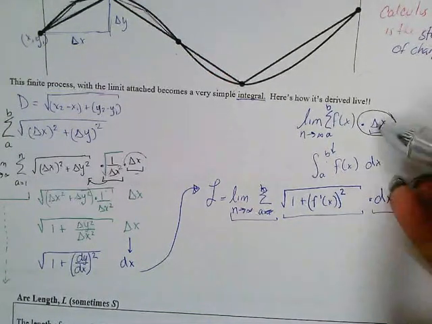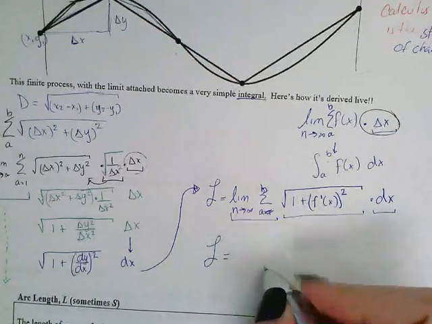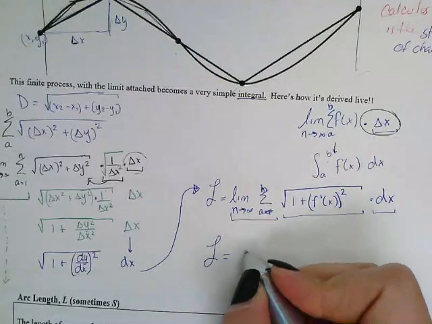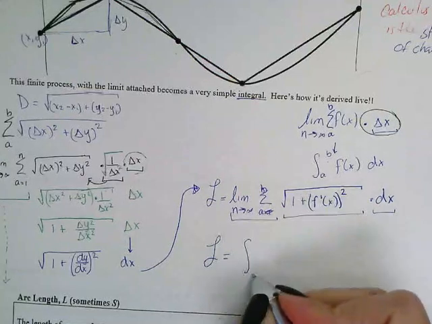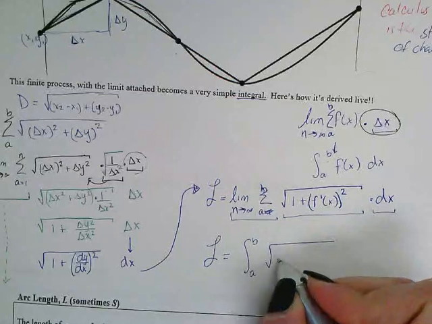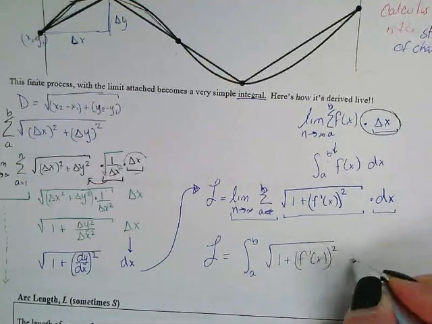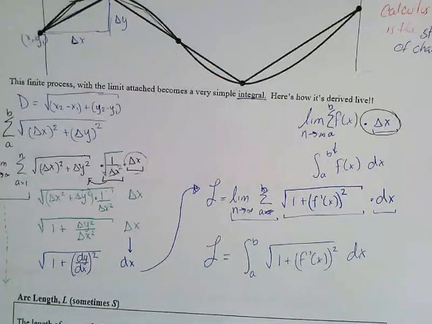So now I can change this and rewrite it as the integral so that the length of the arc is equal to the integral from a to b of the square root of 1 plus the derivative of f of x squared dx.